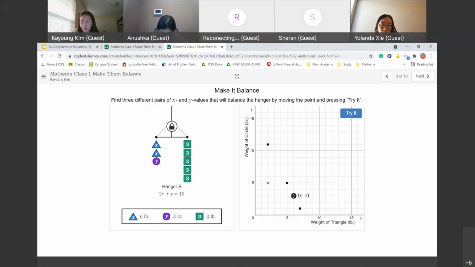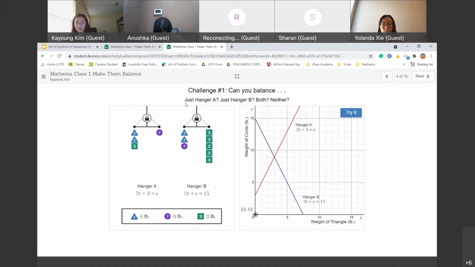So let's try another point that would be on the line if there was a line. Okay, that works. That also works. So what we see is that the coordinate pairs that would make this work are arranged in this line. So we can go on to the next one.